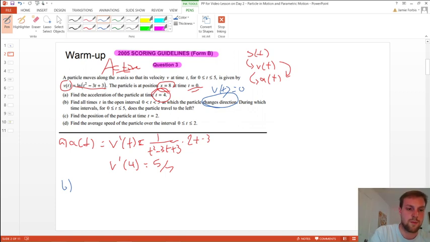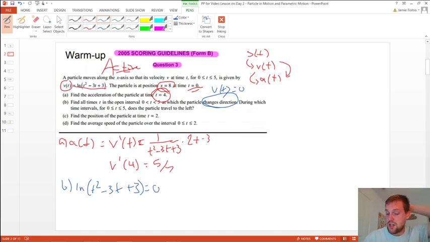My v of t equation is ln of t squared minus 3t plus 3. Set that equal to 0. Again, this was a calc-active problem, so you could have done this in the calculator, no problem. But just to practice, it's a pretty good problem to solve for 0. Remember, this is base e, so I can say e to the 0, which is just 1, is equal to t squared minus 3t plus 3.